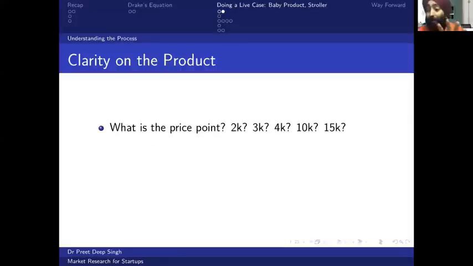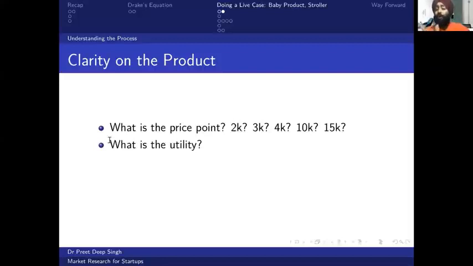These figures are in INR, by the way. So, is it a 2,000 rupee, 3,000 rupee, 10,000 rupee, 15,000 rupee, 50,000 rupee? I don't know, maybe 1,00,000, whatever is your price point. You need to decide on that, and I will take you through an important aspect here of why you need to generate options in this.